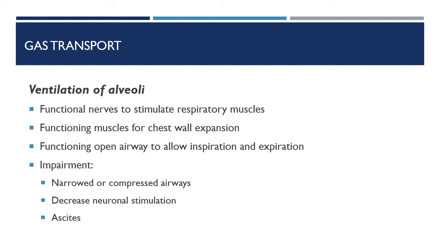We were talking about neuronal stimulation and the fact that if we gave someone too much opioids or benzodiazepines, we could actually reduce nerve stimulation coming from the brain and reduce respiratory rate and ventilation. Okay, there's diseases that can cause that too, right?